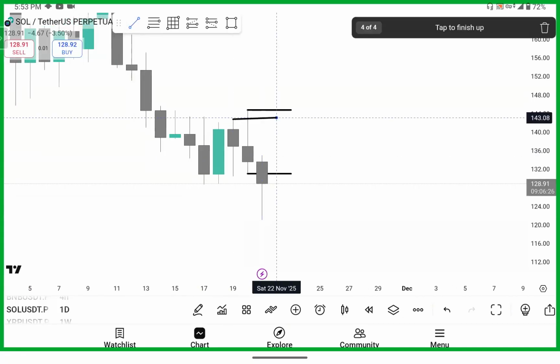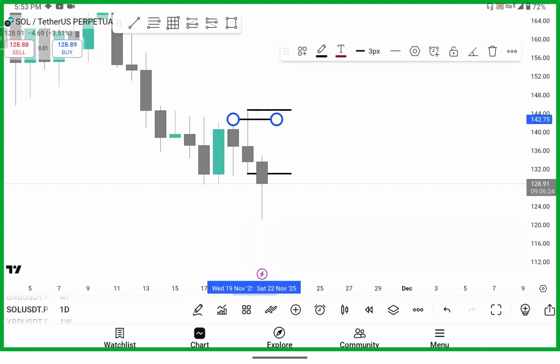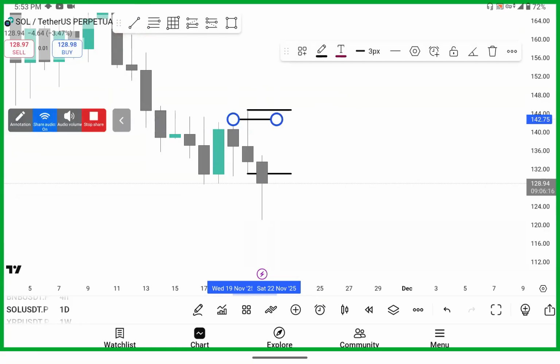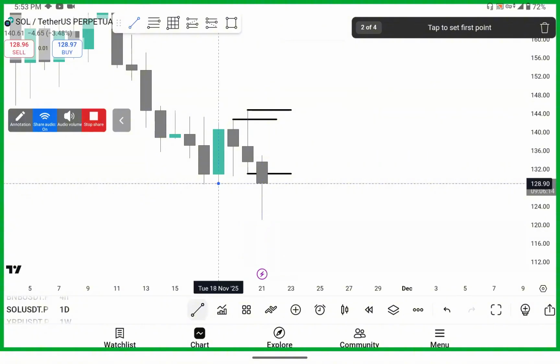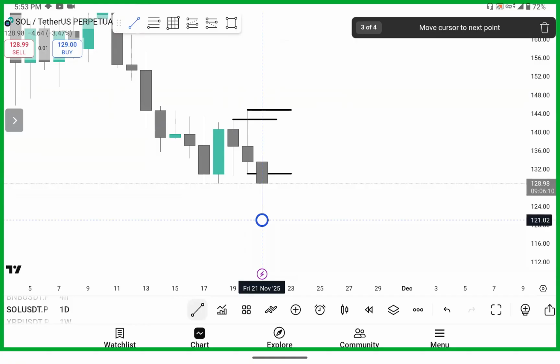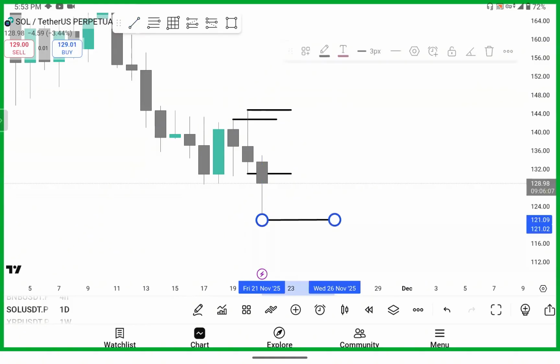Whenever you draw your line, you use this trend line. You tap on it like this, then you bring on your chart, then you tap this, then you pull like this. To make it straight, whenever you draw it, this will always show up.